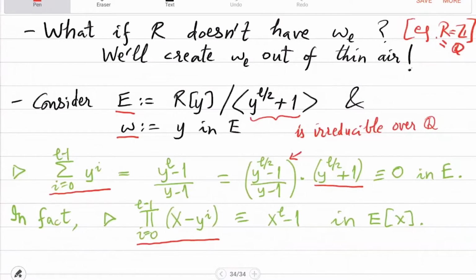The idea is that in the case when R doesn't have omega, we introduce this y and then work in the extension. But when you work in the extension, the polynomial evaluation f of y times g of y is no more an R operation, it's an E operation.